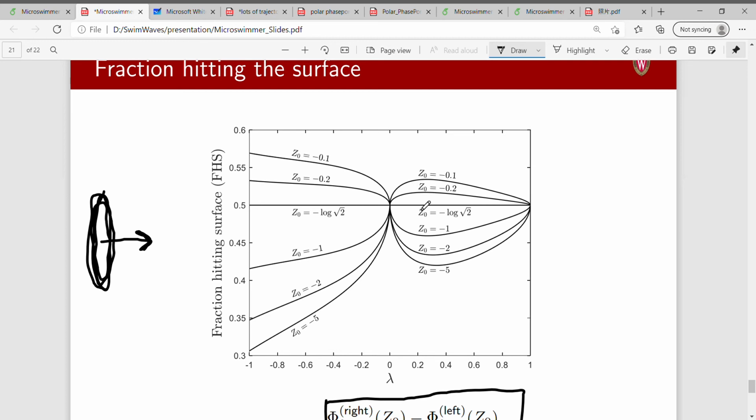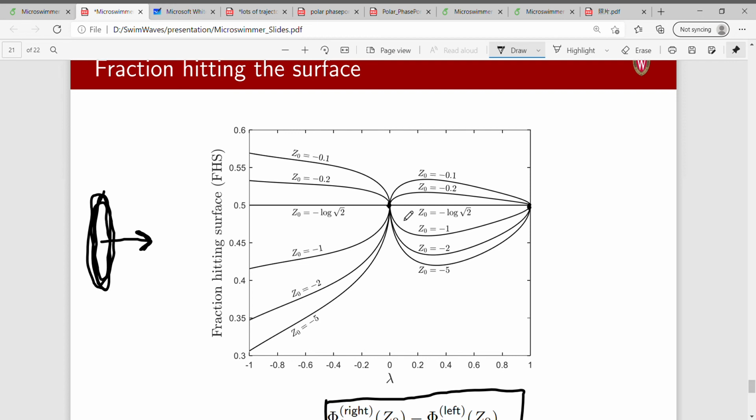For prolate microswimmers, it's also affected by the wave, and with depth the fraction hitting the surface will change, but not as much as for the oblate microswimmers. And we found that there are 2 limits: for lambda equals 0 and lambda equals 1, the fraction is always 0.5, no matter what the depth is.